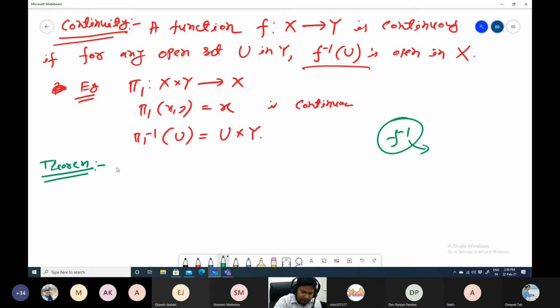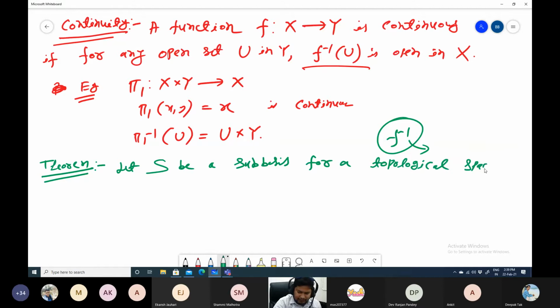So first of all, we prove that. Let S be a subbasis for a topological space X. Now let f from X to Y be a function.